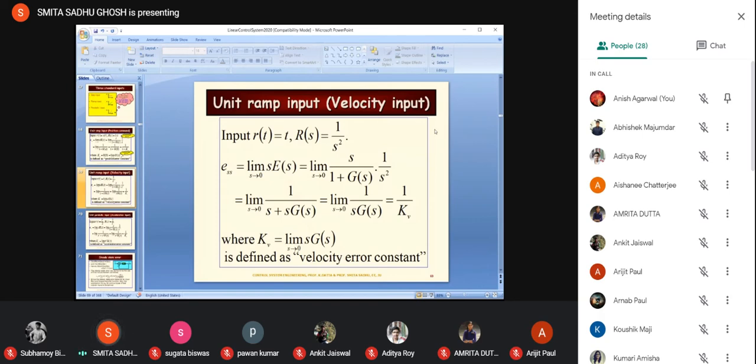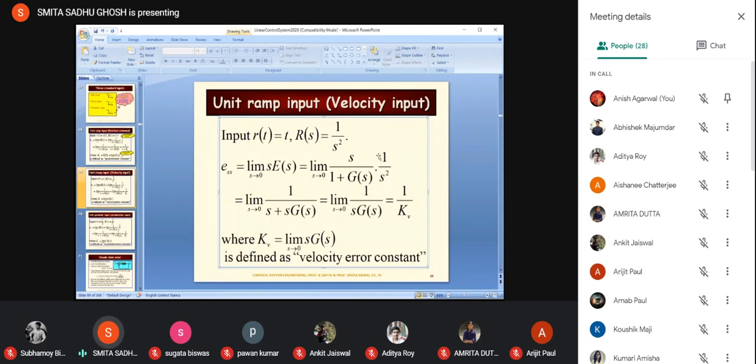So velocity input means nothing but the ramp input. Now if we were to calculate the steady state error in this case, input R(s) is equal to 1 by s square, because it is of unit amplitude and a ramp. So the ESS is again limit of sE(s) as s tends to 0, where we have limit of s into R(s) by 1 plus G(s).